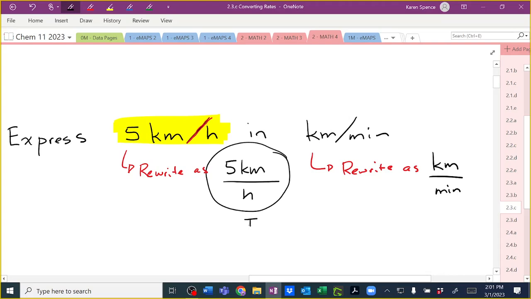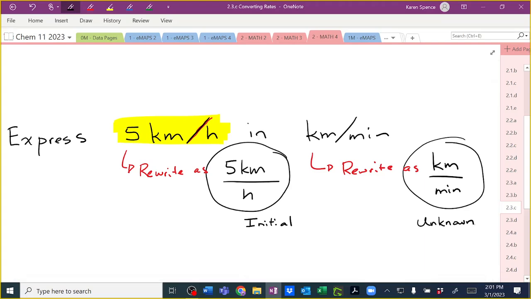That is our initial quantity. We have the unit we want to convert it into. That is our unknown. And we're not given a conversion factor, so presumably it's something we can either look up on our ivory colored sheet or we can just know it, okay?